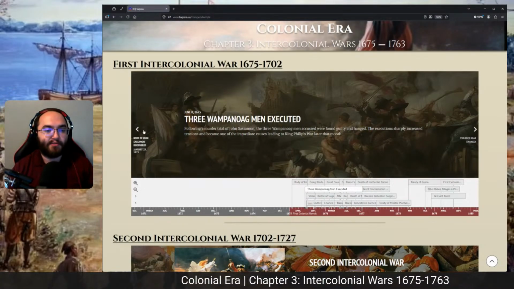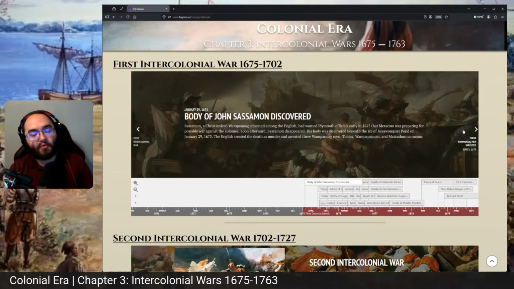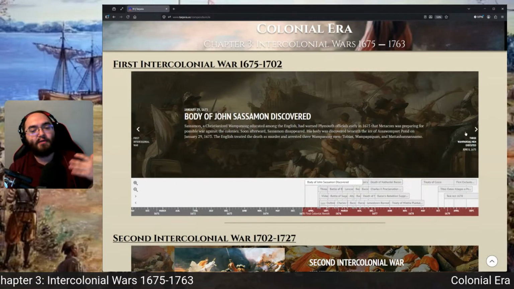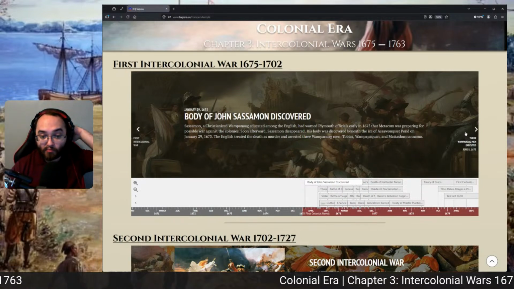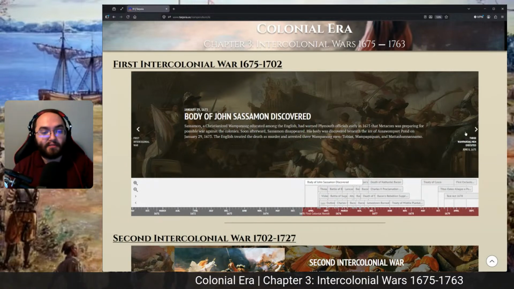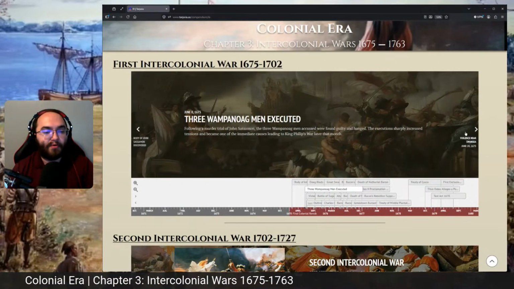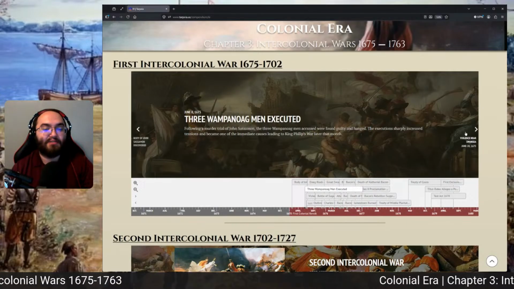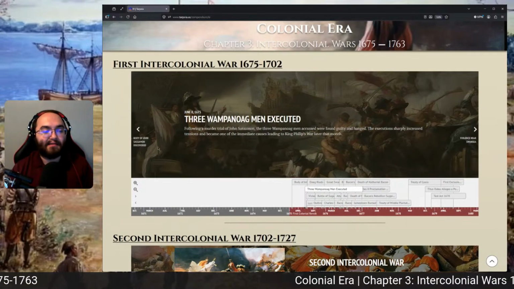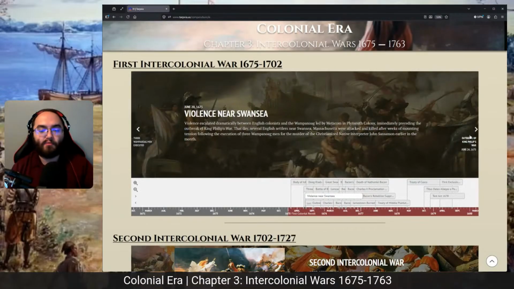So John Sassamon is murdered, his body is found, and then the colonists who were friends with John Sassamon, a Native American, decide to arrest 3 Wampanoag men and have them executed. And this will be the inciting incident for King Philip's War with the Wampanoag people.